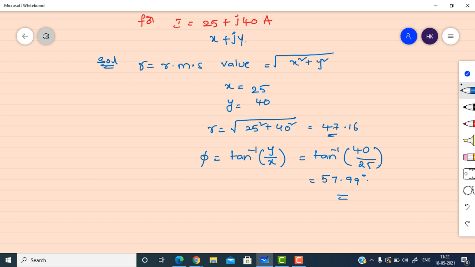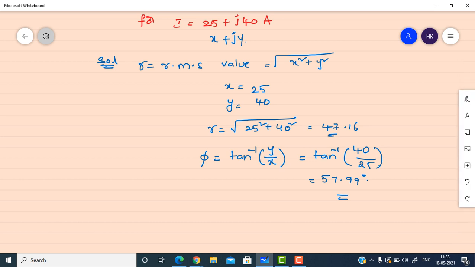See the calculator. Plus and minus signs are there. On top of the plus sign, POL. Is it visible? POL is nothing but polar. On top of the minus sign, REC. REC is nothing but rectangular. Suppose I want to convert this rectangular form into polar. In this problem, we are converting rectangular to polar.